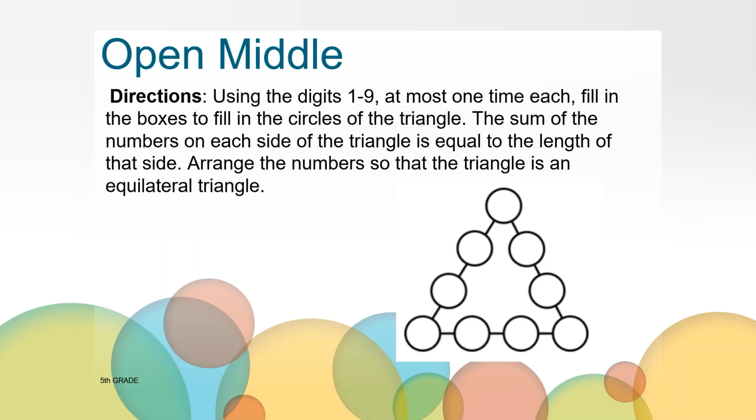The sum of the numbers on each side is equal to the length. All the sums need to be equal for the triangle to be equilateral. Draw this triangle on your paper and have fun with this activity.